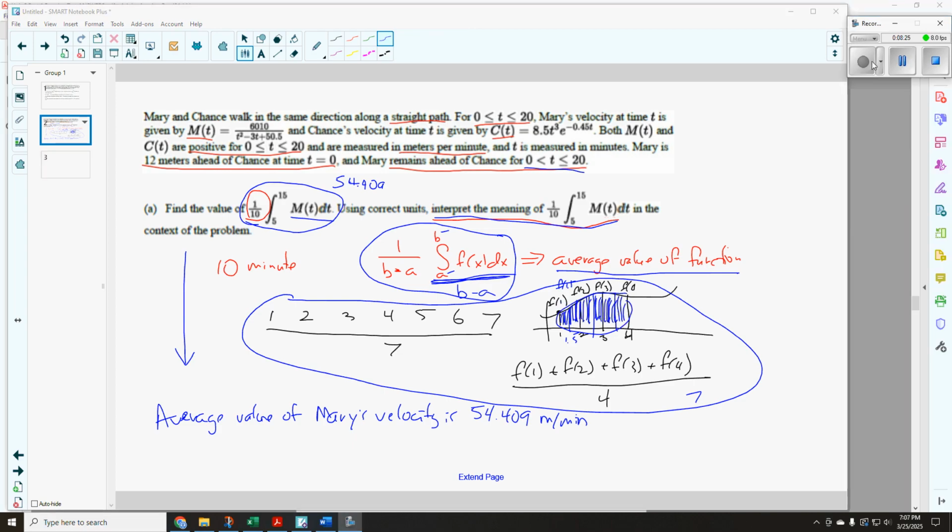And I left something out: the average value of Mary's velocity is 54.409 meters per minute over the time interval 5 to 15 minutes. That would be an important thing to add, otherwise they might dock you a point, because it is only over the time interval 5 to 15 minutes. It doesn't tell you anything about 0 to 5 or 15 to 20.